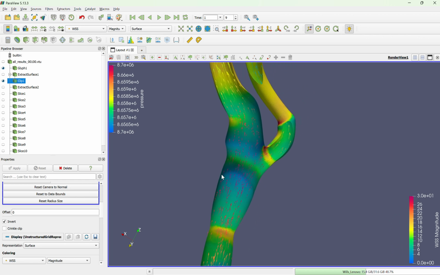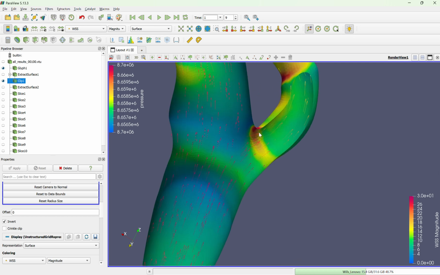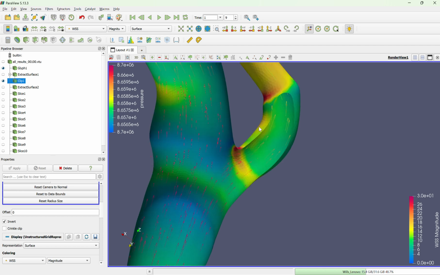Like we were mentioning, this region has a very high pressure rating as the blood is moving through each possible pathway. At the bifurcation point, due to the high pressure you're seeing in these glyphs, the wall shear stress is very high in this location and this location, as the blood is bending and flowing through the artery here.